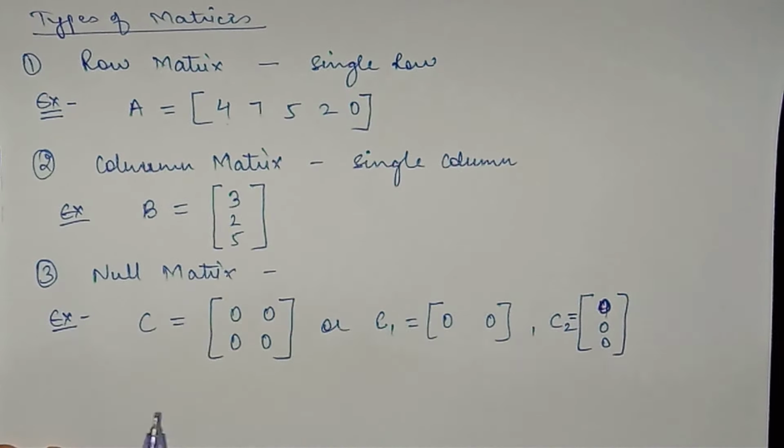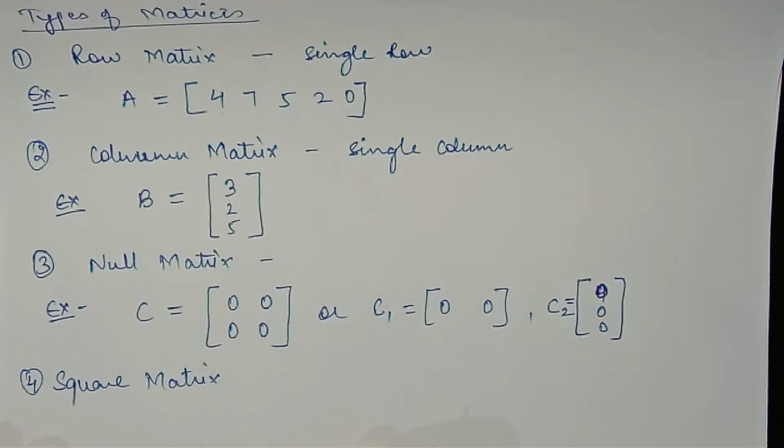After that we have the square matrix. From its name, a square is formed when we have an equal number of rows and columns in the matrix. So the value of m as well as the value of n should be equal. Only then will that matrix be called a square matrix.